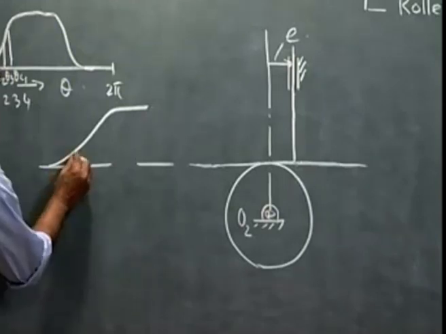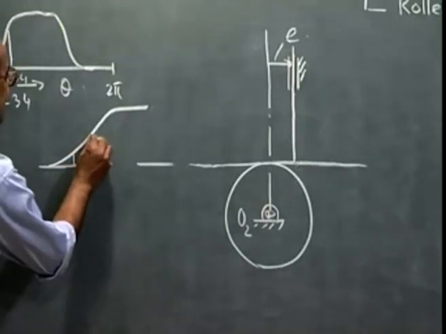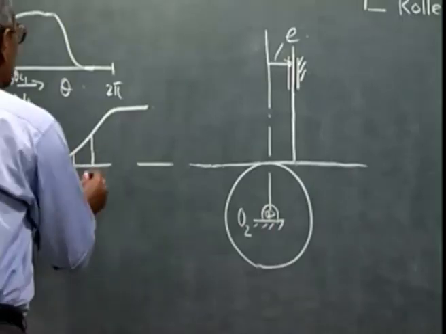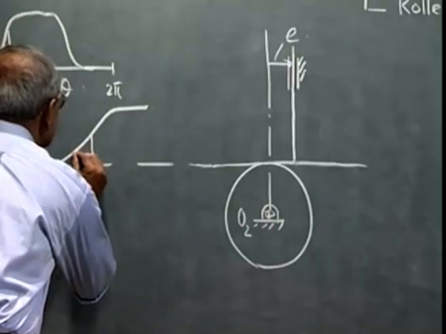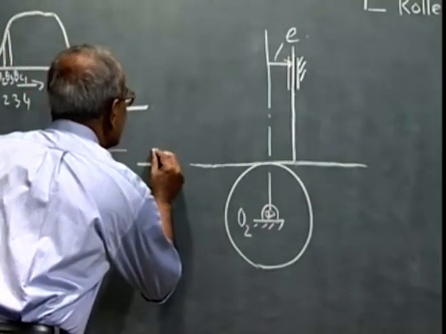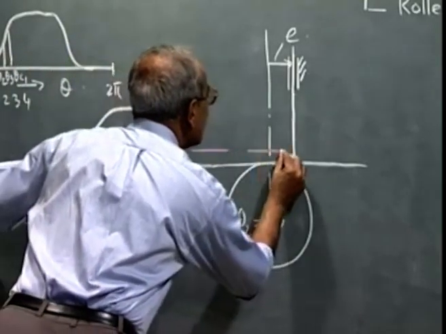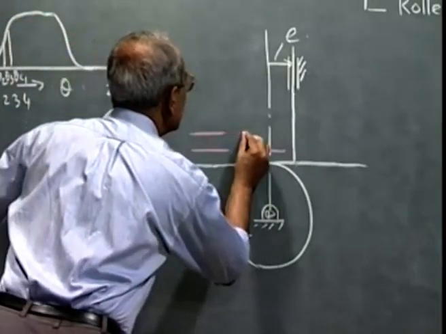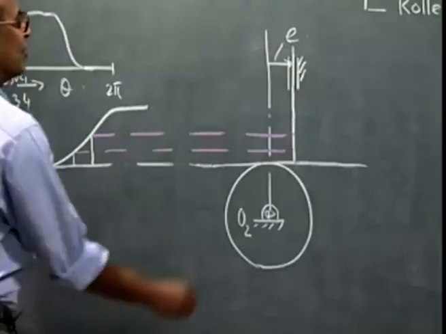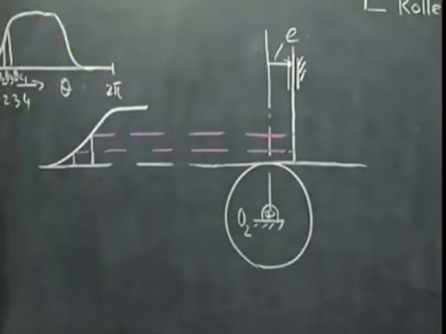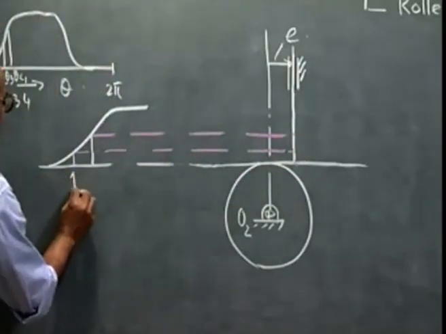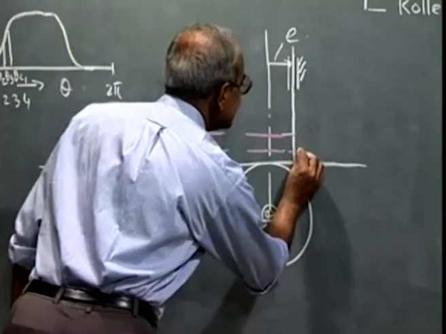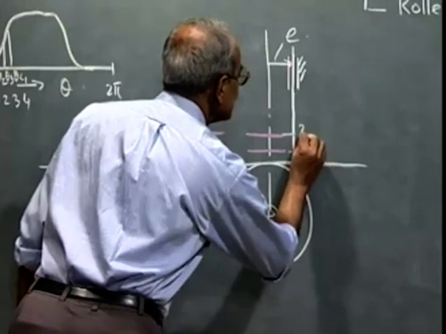Now, say this is station point 1, this is station point 2. So, what we do, we project these points onto this line on the follower axis. Let us say this is 1, this is 2. So, here again I mark this as 1, this as 2.